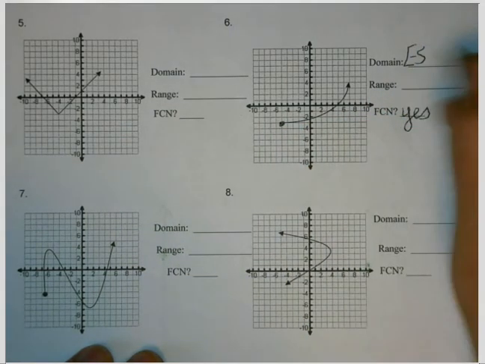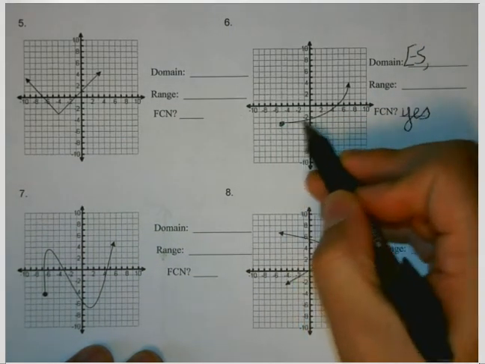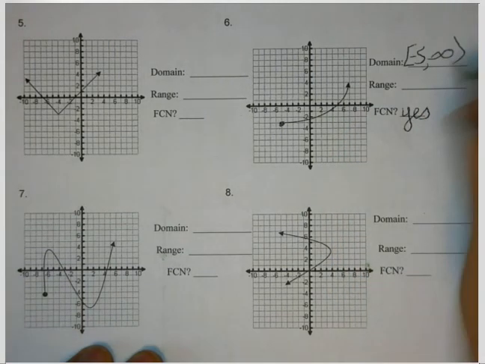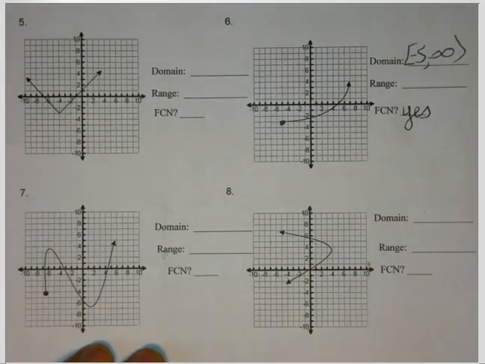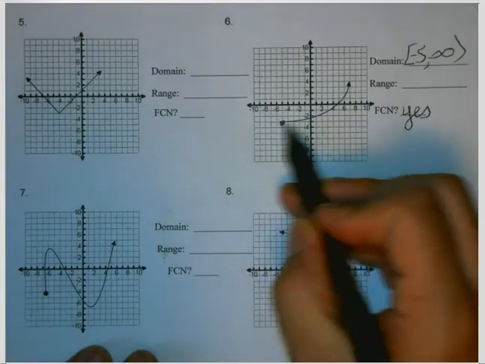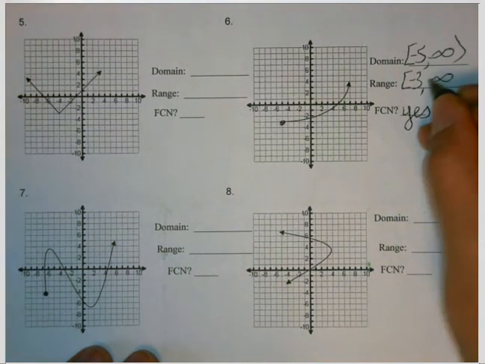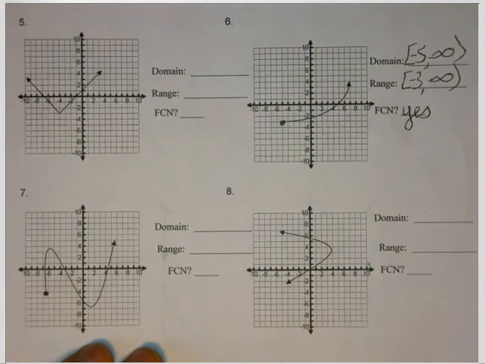So negative 5. That's okay. But as it goes, this arrow is going to keep going and going and going. So we can have infinity with a number. Okay, what about my range? Well, the lowest value looks like it's right here about negative 3. But it's going to go up, up, up, up, up forever. And that's just kind of the thinking process we're starting to do with these.